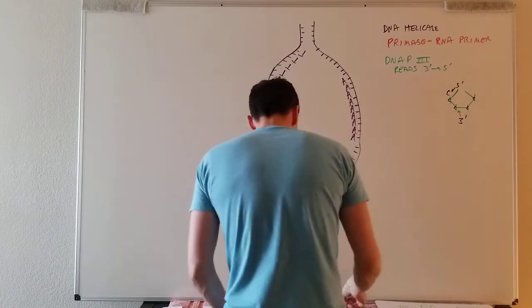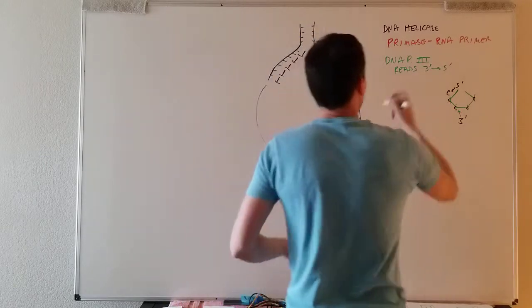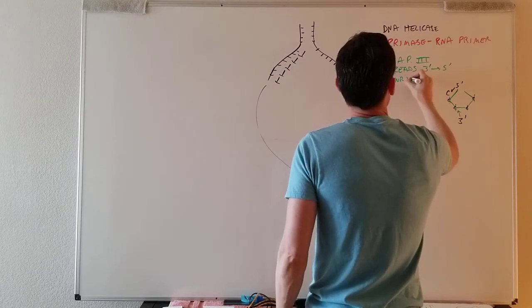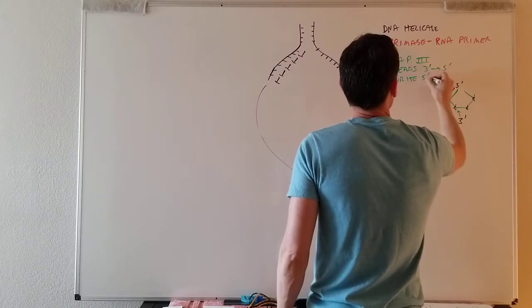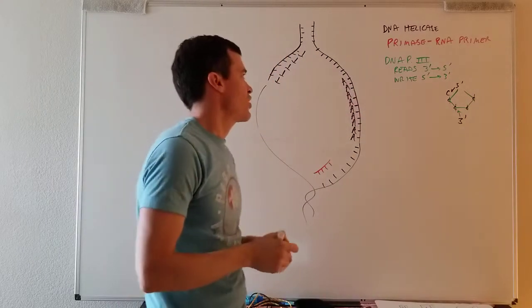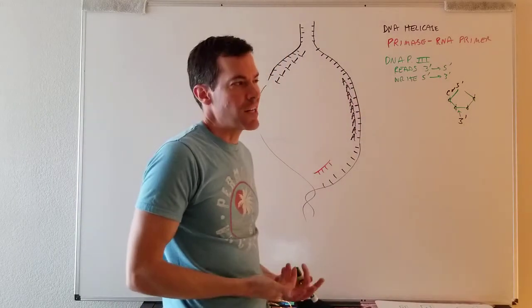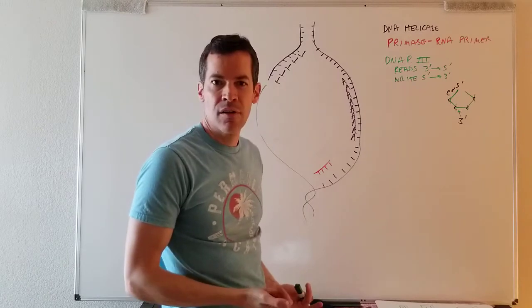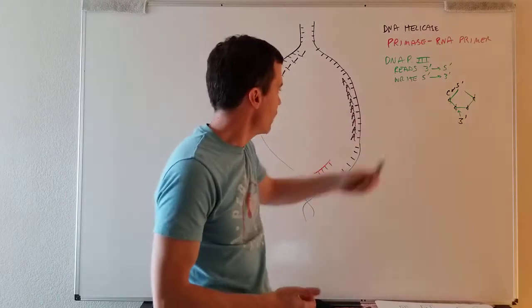So I read 3 to 5, and I write 5 to 3. That's why if you just say something like, DNA polymerase 3 works in the 3 to 5 direction, you're like, what do you mean it works? If I read 3 to 5, then I write 5 to 3.